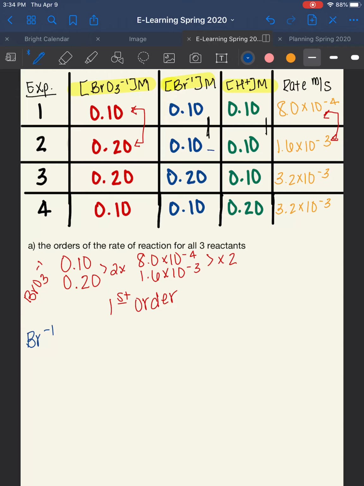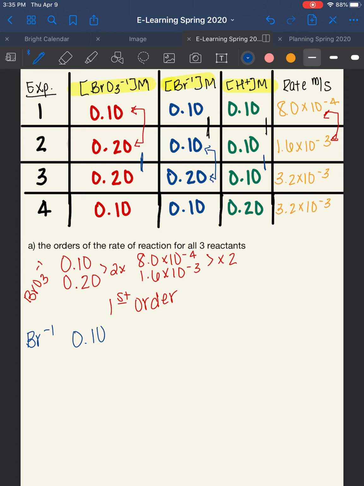That happens here, experiment 2 to experiment 3. We see that BrO3 stays at 0.2, and we see that H plus stays at 0.1.